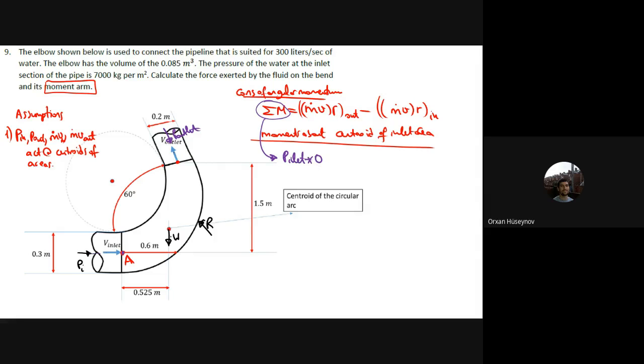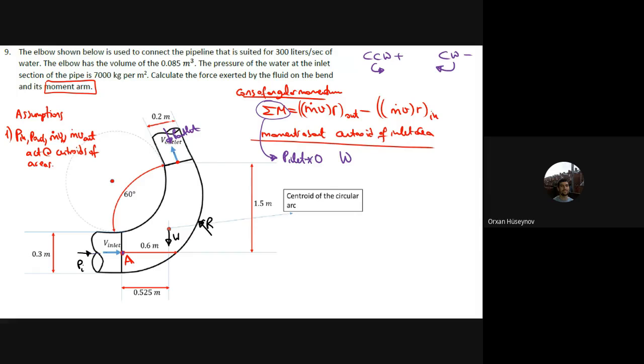The next one is the weight. What is the moment arm of the weight?